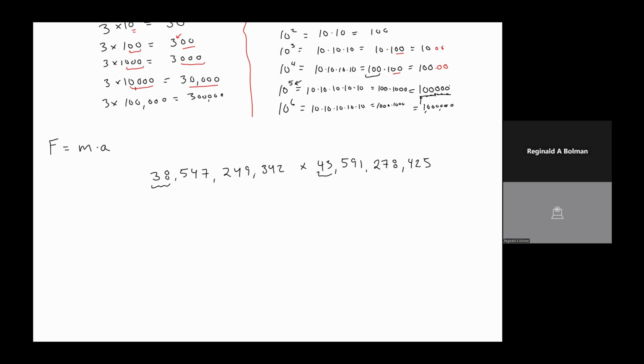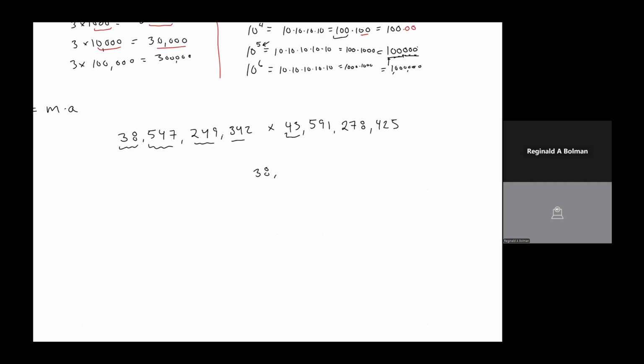So this is a perfect example of where multiplying two numbers together is going to introduce a lot of extra work on our part. What I'm trying to say is, yes, we could go about lining up our numbers, 38,547,249,342, and multiply this by 43,591,278,425.